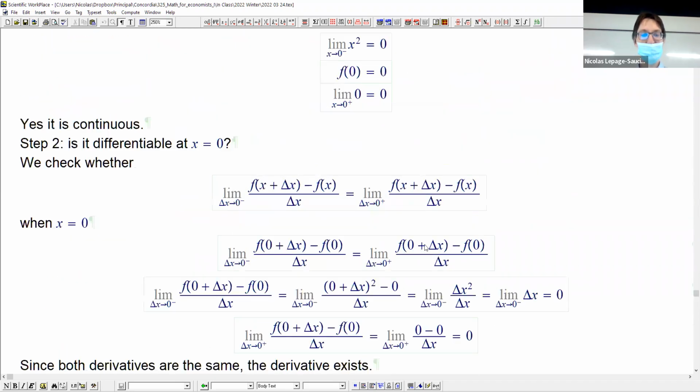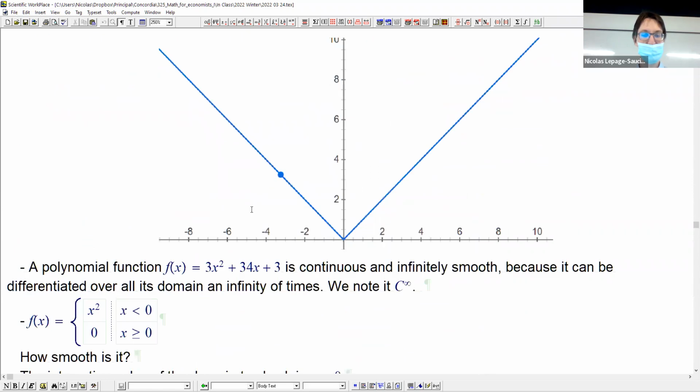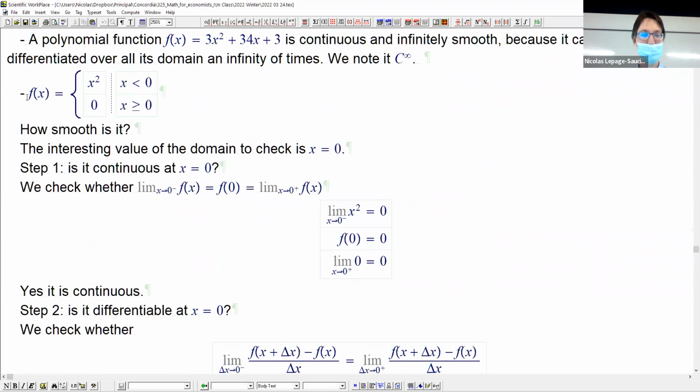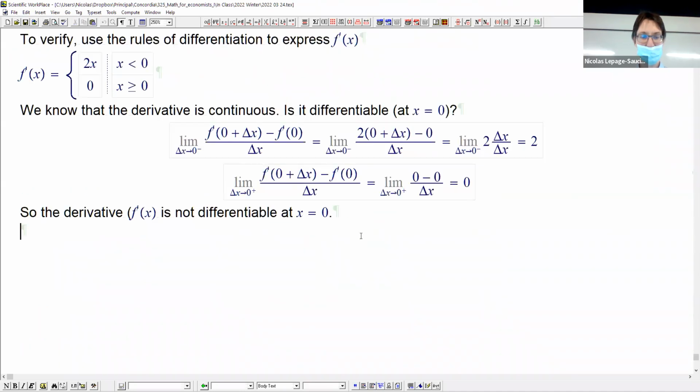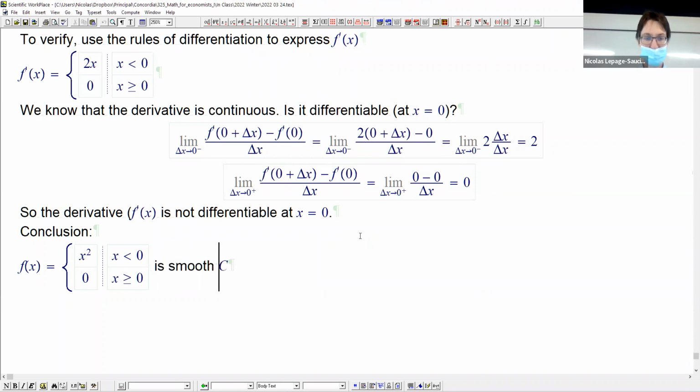So, conclusion: what is the status of this function there? It is smooth of order one. That's what I found.